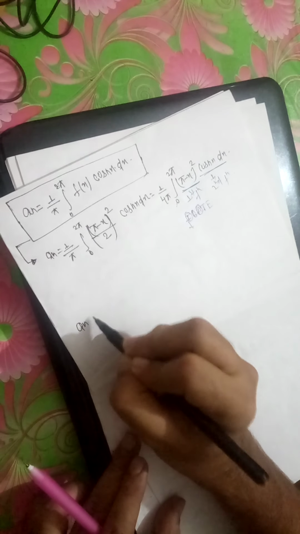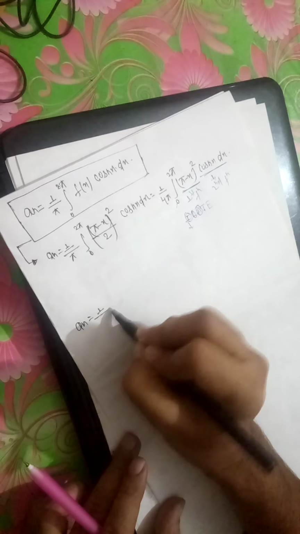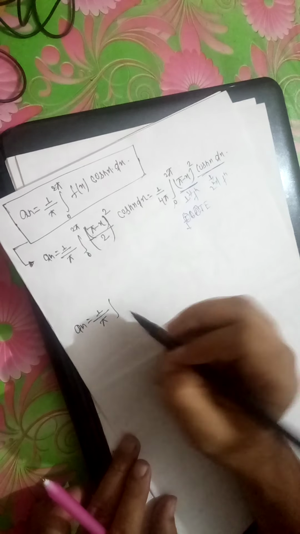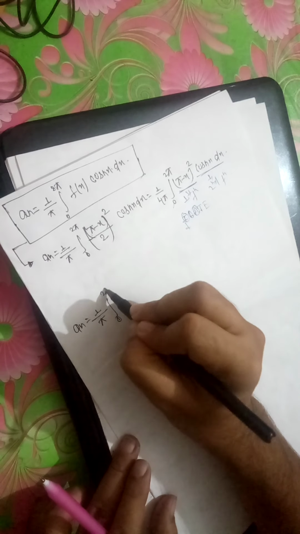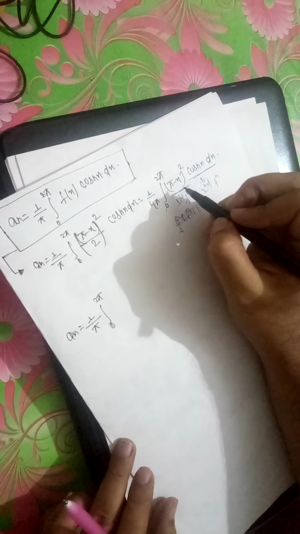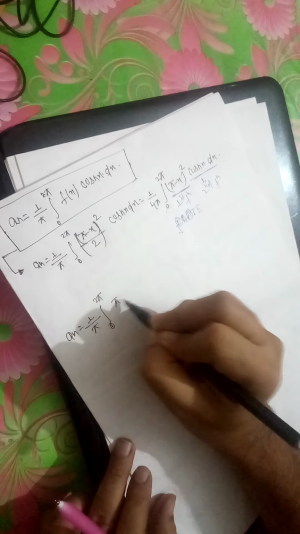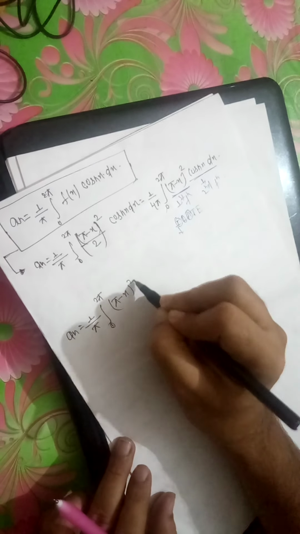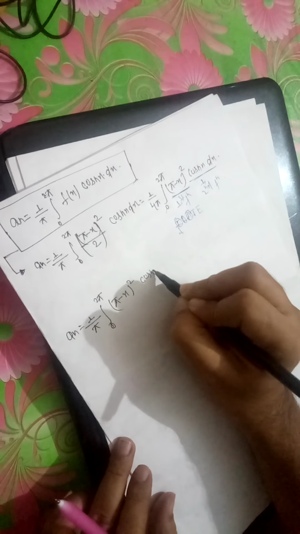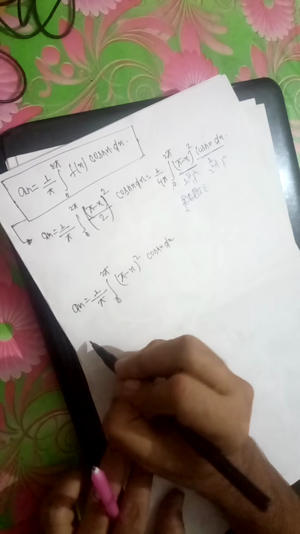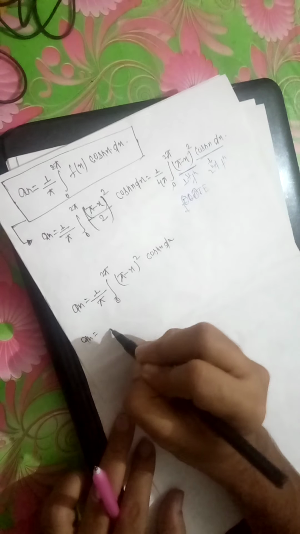Now An is equal to 1 upon pi times of 0 to 2 pi, pi minus x whole square times of cos nx into dx. Okay, now I am going to integrate this function.